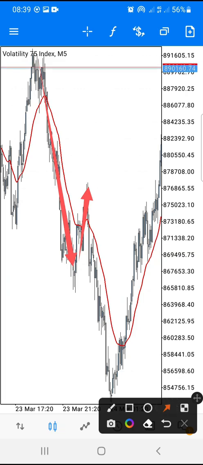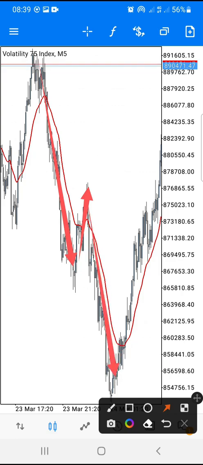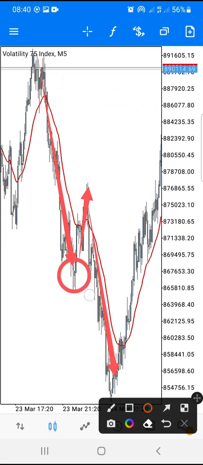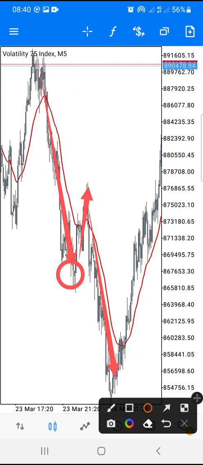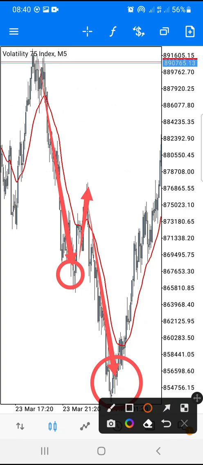So a trend always has to create these highs and lows, and this time around this is going to be a low, and this is going to be the lowest low. So in this case, guys, we have to know that the market always repeats itself, always creating such scenarios.